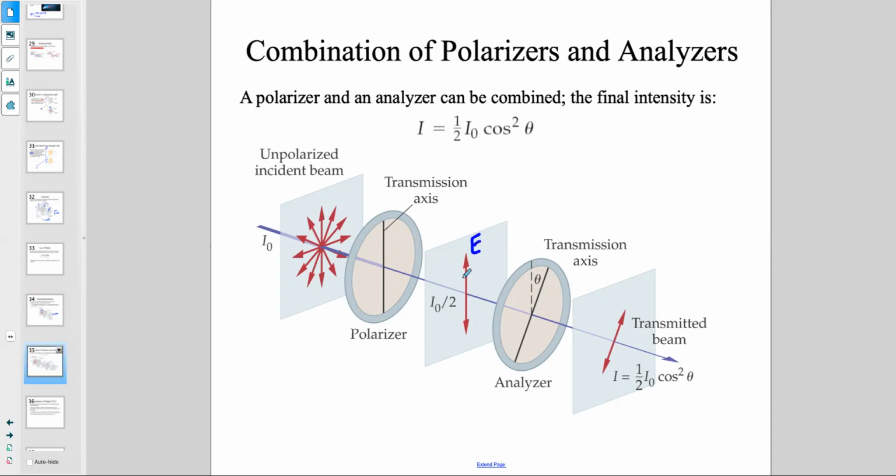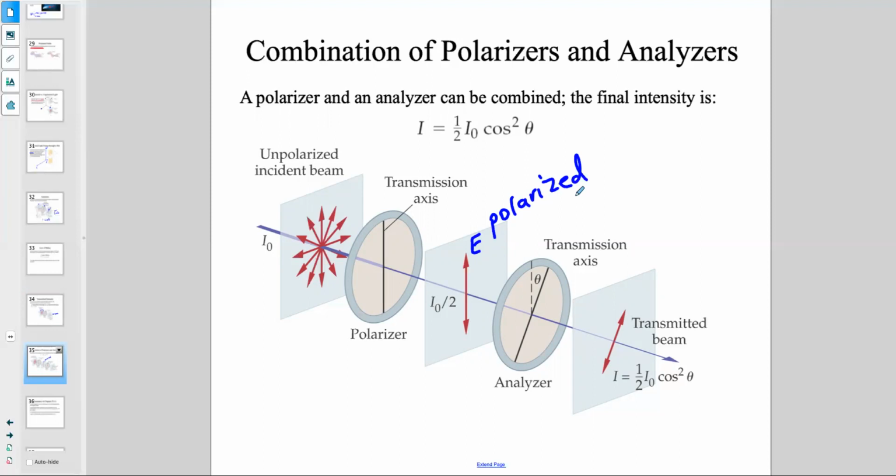And then I will let this go through something else. I will let this go through an analyzer, meaning that this is now polarized, and it will go through the analyzer.